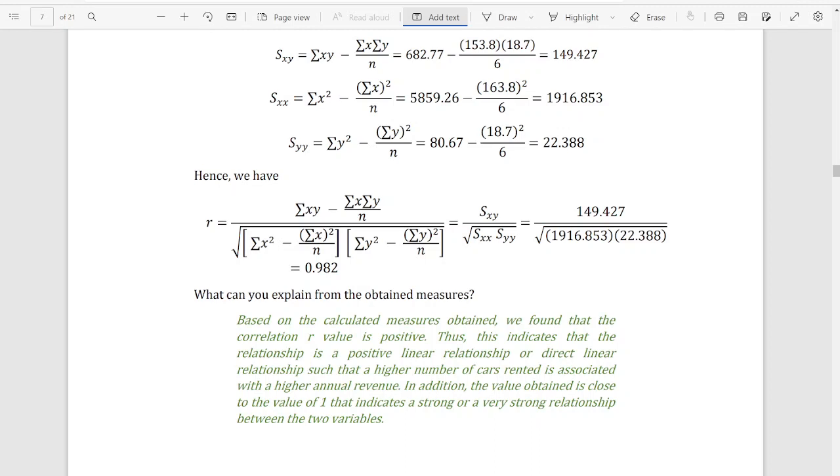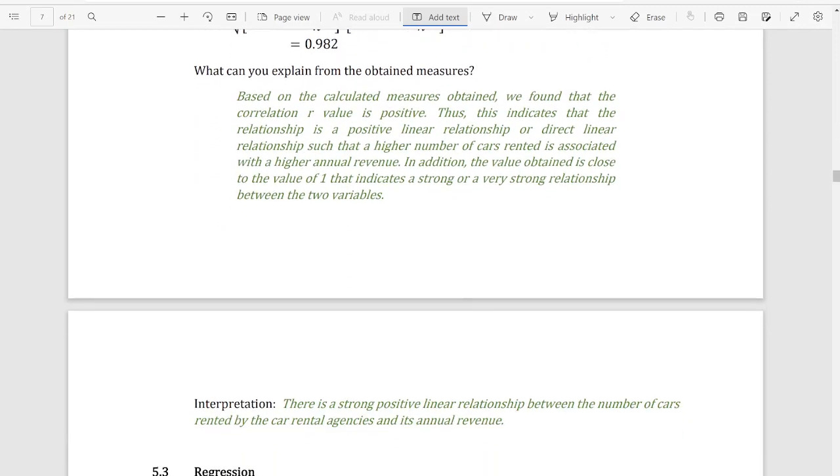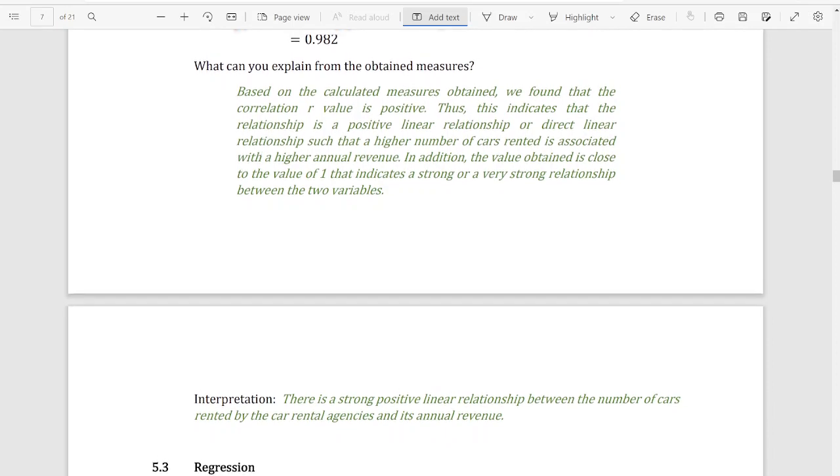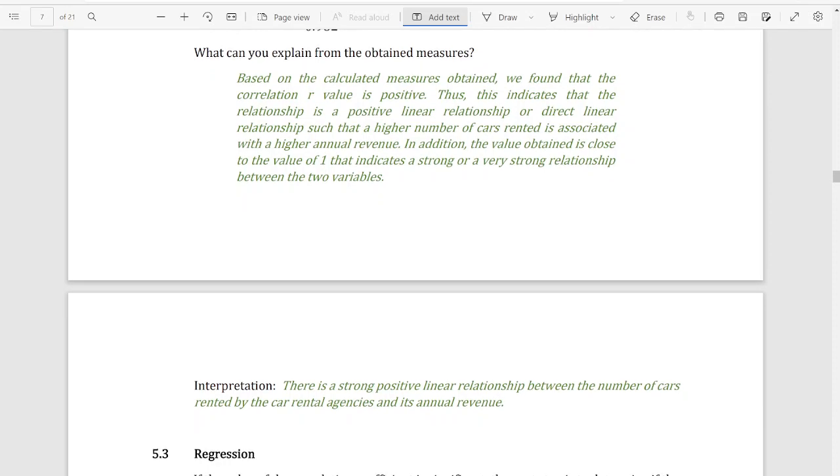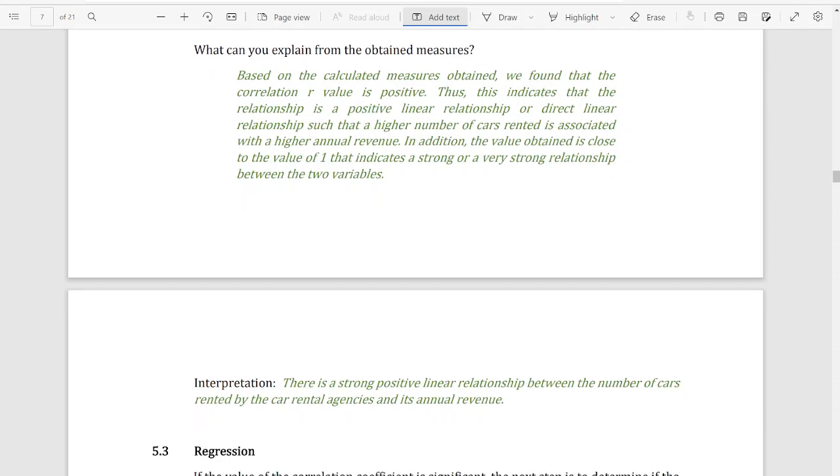Okay, so this is a clear explanation of the value obtained. It has its strength and its direction. To put the explanation in one statement, you can say that to interpret, there is a strong positive linear relationship between the number of cars rented by the car rental agency and its annual revenue.